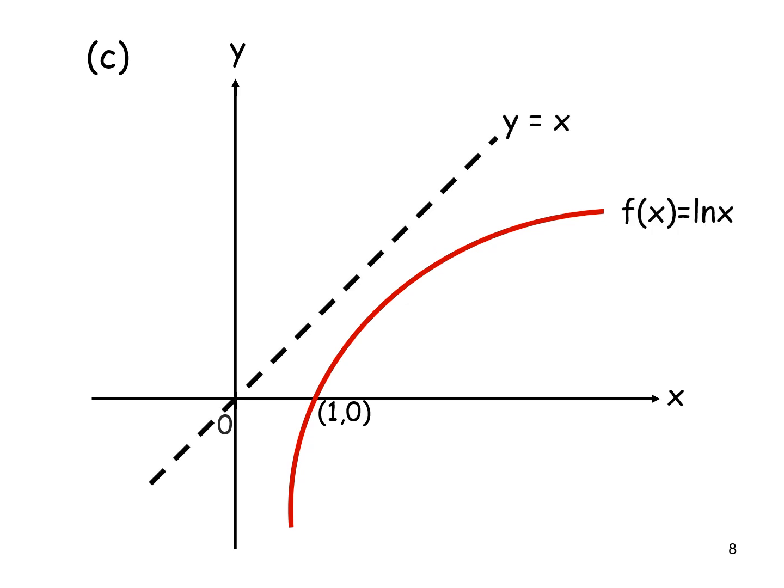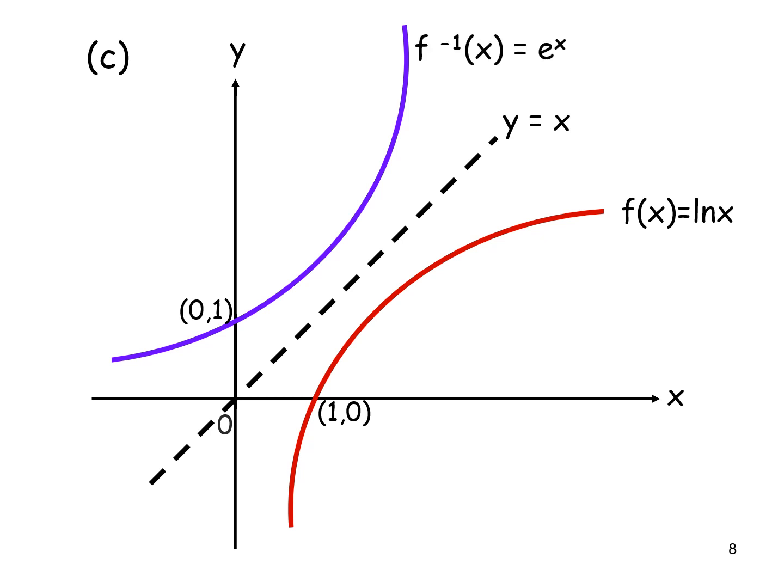You reflect ln x at y equals x, so you get the exponential function. So y equals x acts as a mirror. And then you see that the coordinate for ln x is (1, 0), and for the exponential function, we have (0, 1).